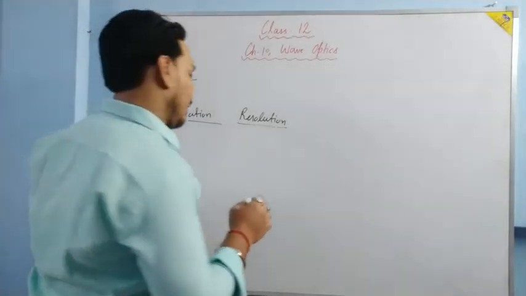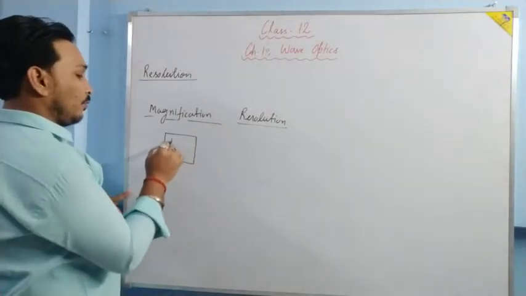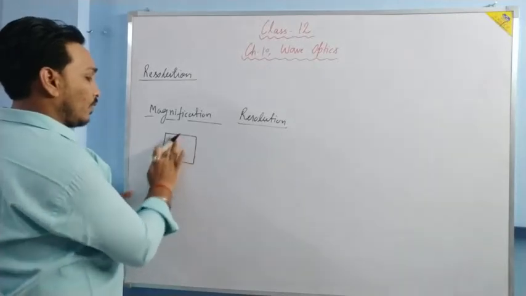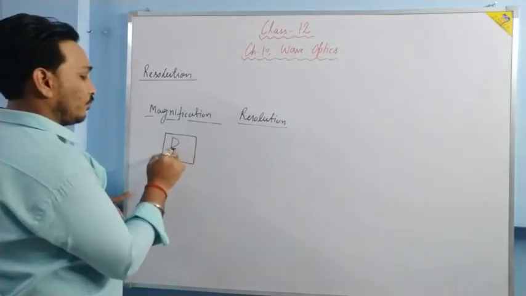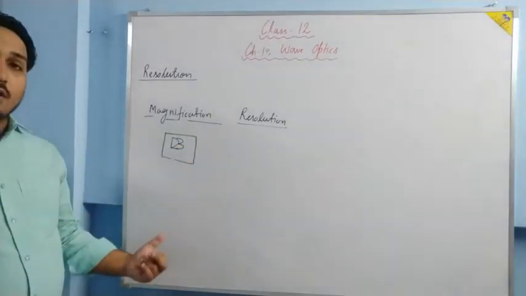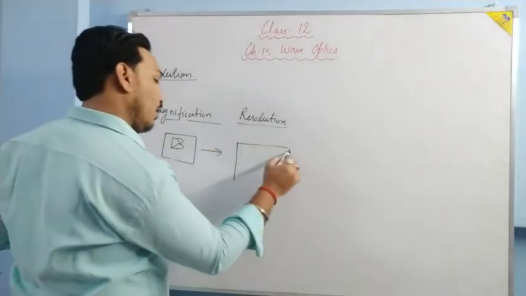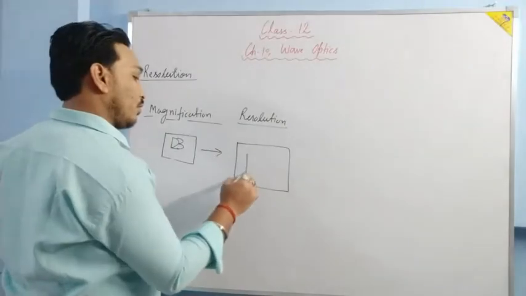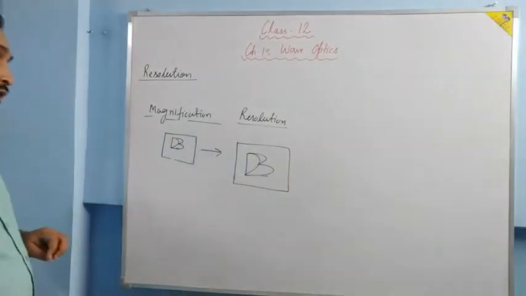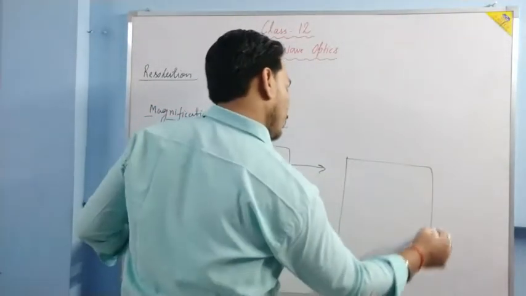Let me clarify this with one example. At some place, it is written like this. If we magnify it, we get a bigger image. If we magnify it more, we get an even bigger image.